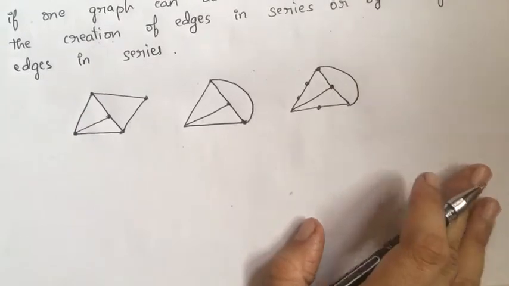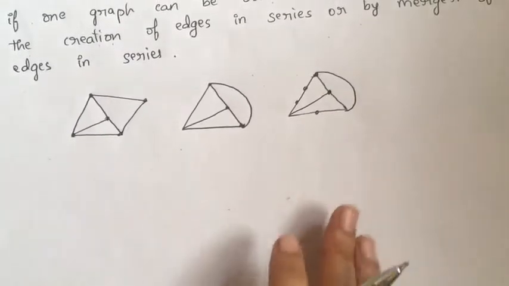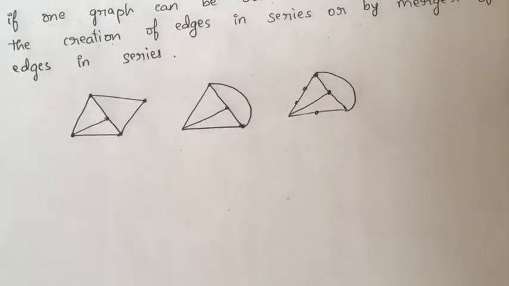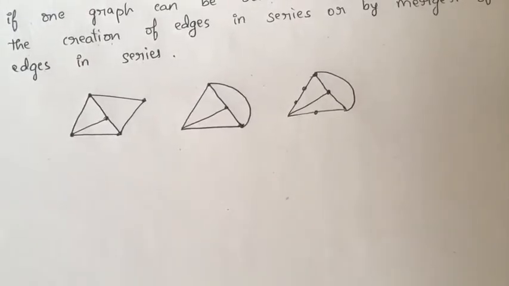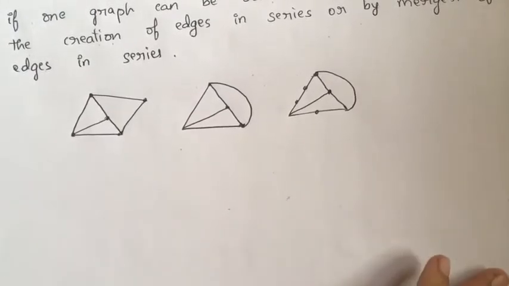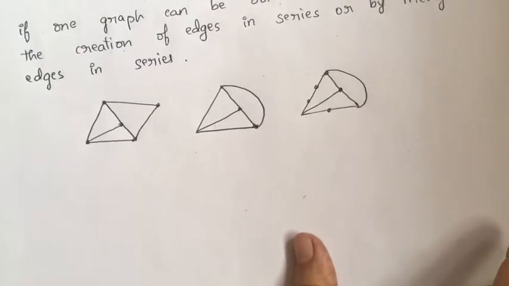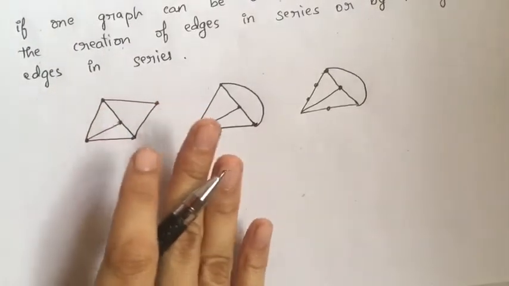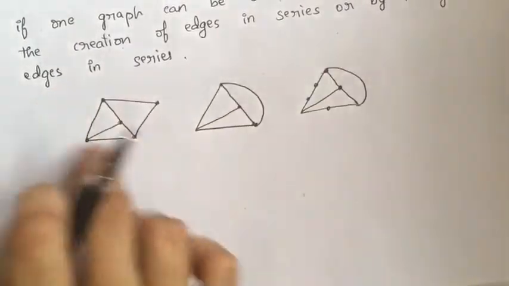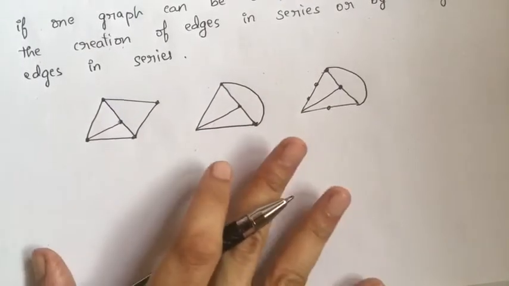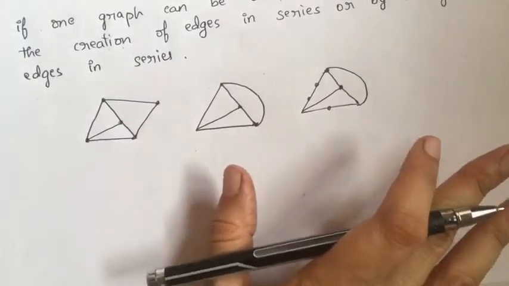So we have the necessary and sufficient condition for a graph to be planar. If my graph contains K5, K3,3 or any graph homeomorphic to them, then I can say the graph is non-planar.